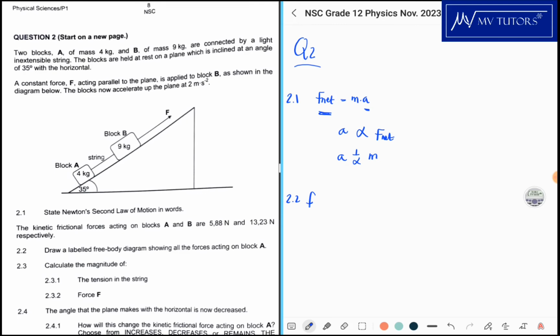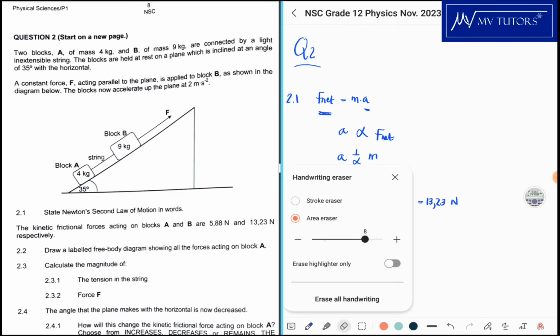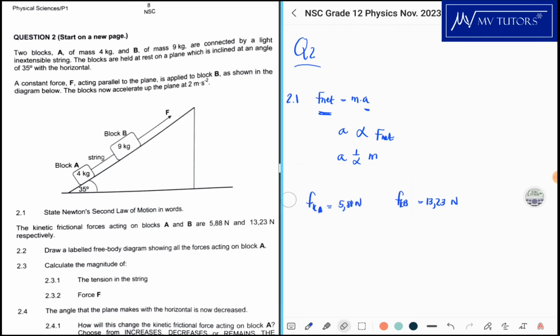Okay, so kinetic frictional force for A, just write it down for yourself, 5,88 Newton, and we also have for B, which is 13,23 Newton, just so that you have it there for yourself. Alright, so now we can start with 2.2.